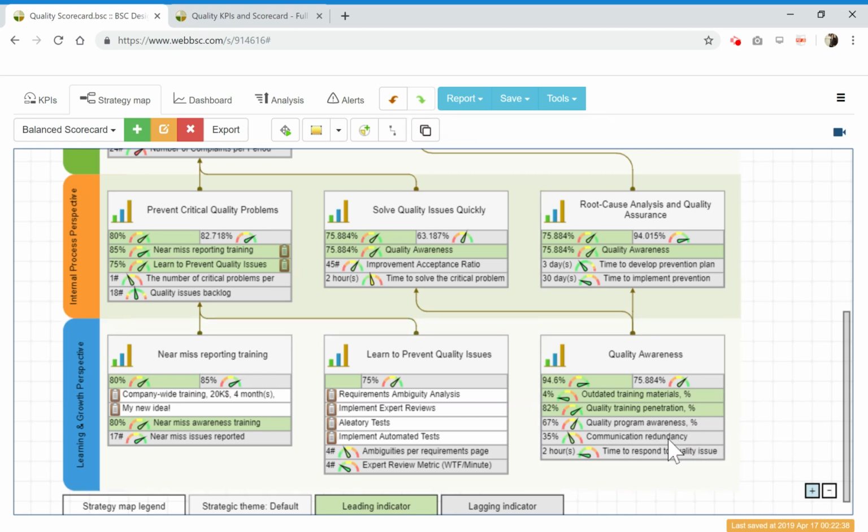We do what is called communication redundancy. It's the estimation of how effectively your team has communicated. Just to give an example, I was staying in one hotel and I needed an invoice.